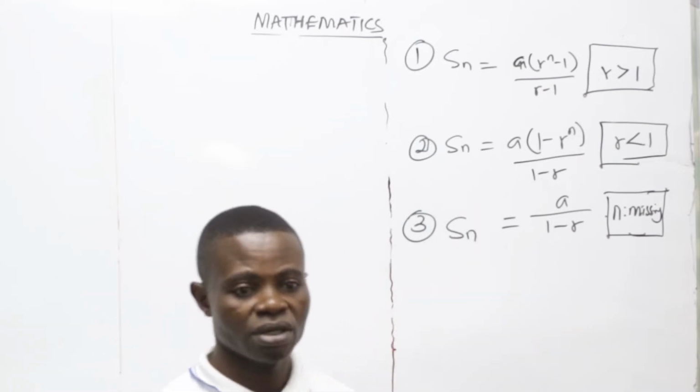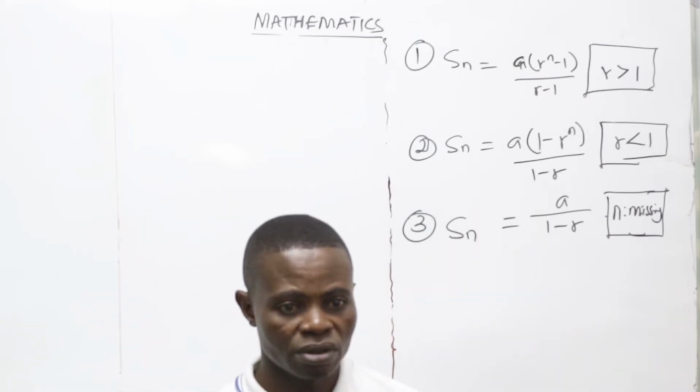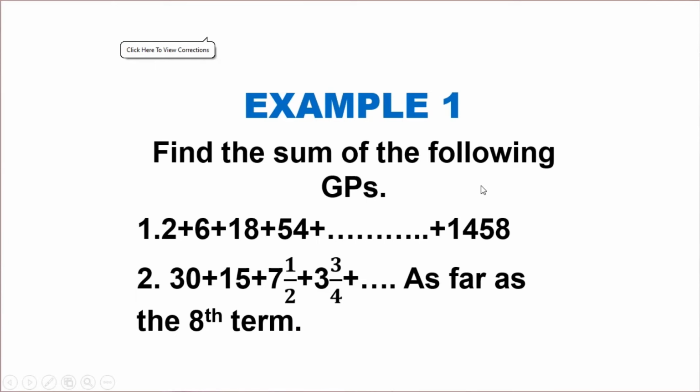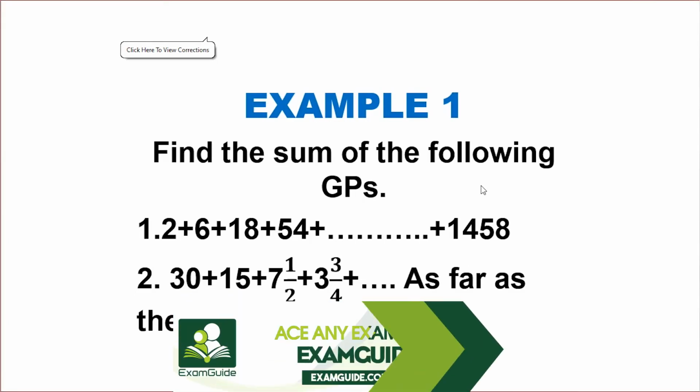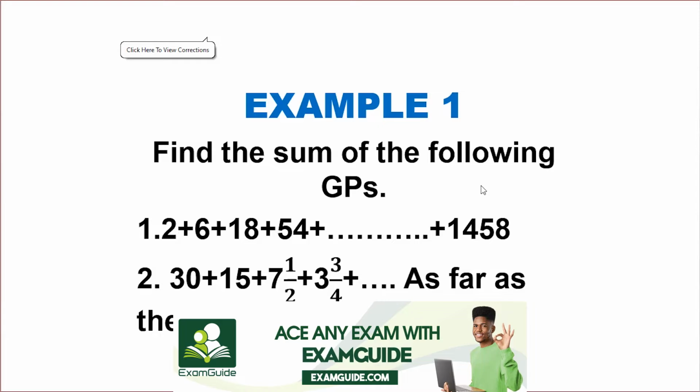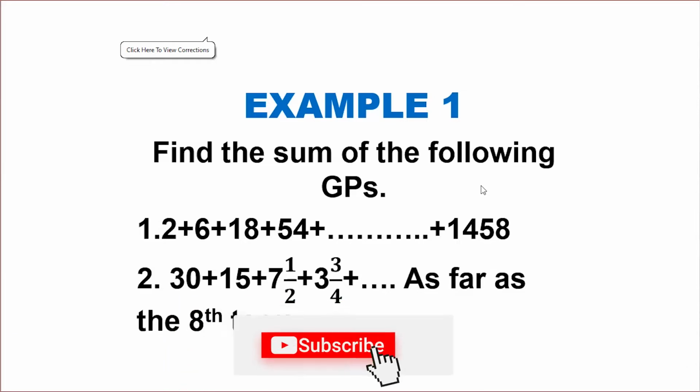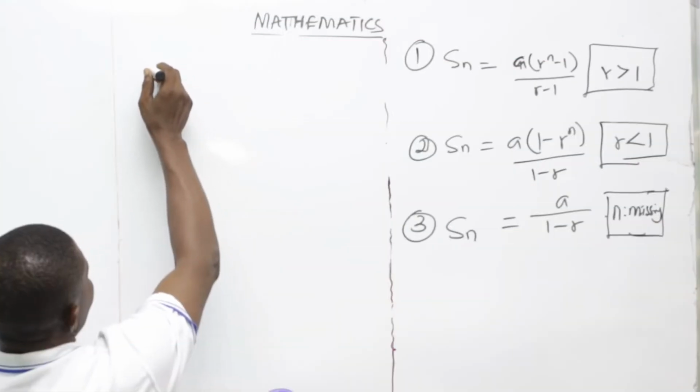Now let us take a question. Find the sum of the following GPs. 2 plus 6 plus 18 plus 54 ... plus 1458. Okay. First of all, A equals what? Look at the question.